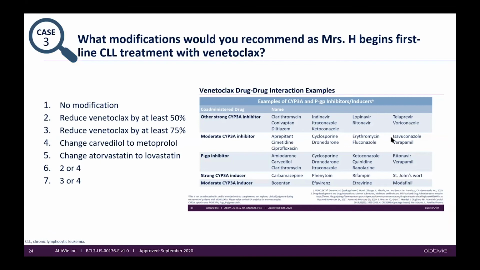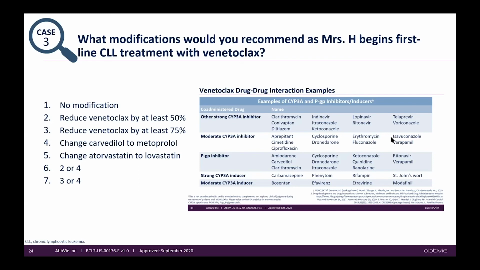Is that 1, no modification; 2, reduce venetoclax by at least 50%; 3, reduce venetoclax by at least 75%; 4, change carvedilol to metoprolol; 5, change atorvastatin to lovastatin; 6, 2 or 4; 7, 3 or 4.